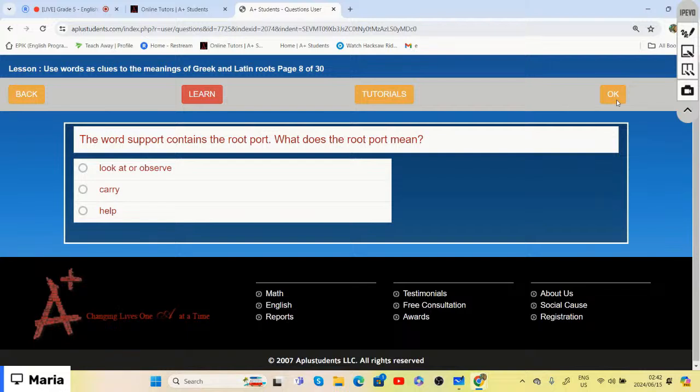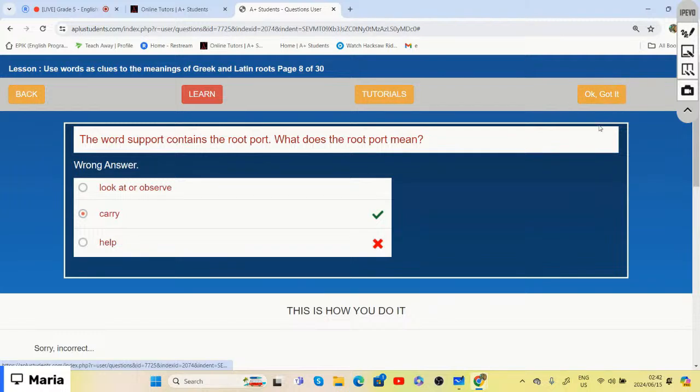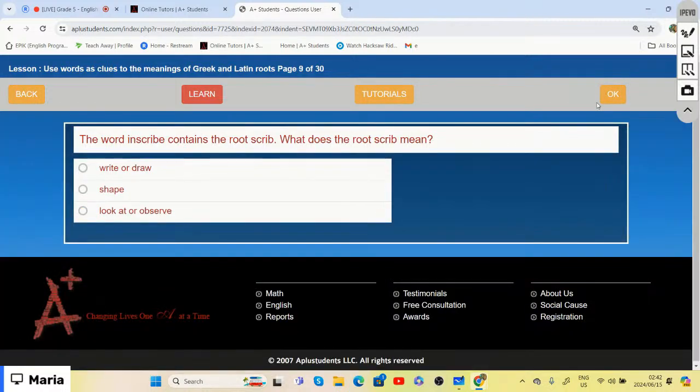Support. So usually the word will already give you the meaning of the root, because with support, it is to do with helping someone. Oh, it's actually carry. Support means to carry, so it's even to do with vehicles or certain objects that help to carry something in a form of support. Okay, that is my mistake. But the word would already tell you what the meaning is, right?